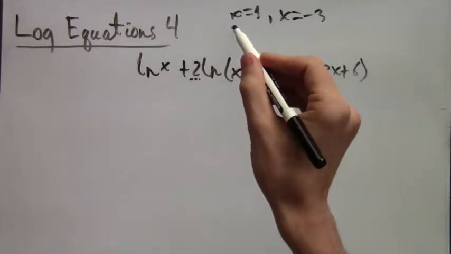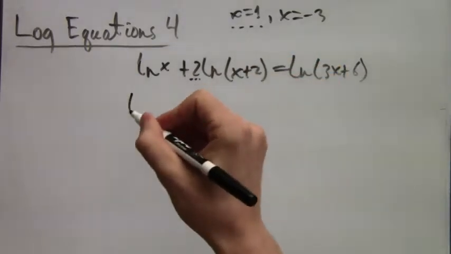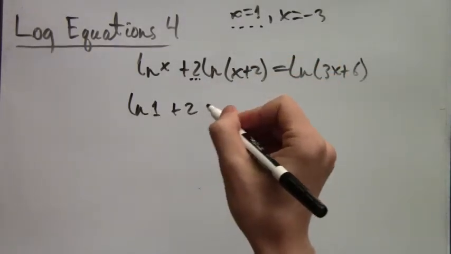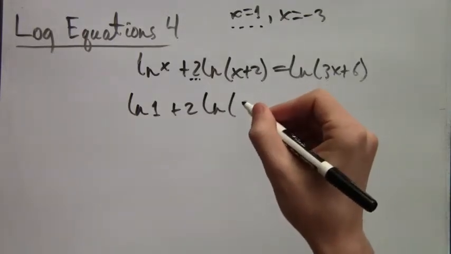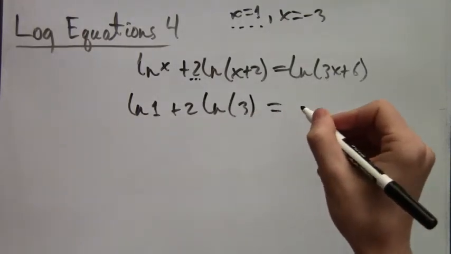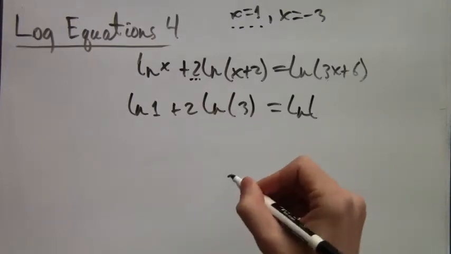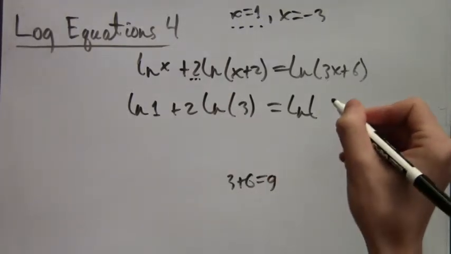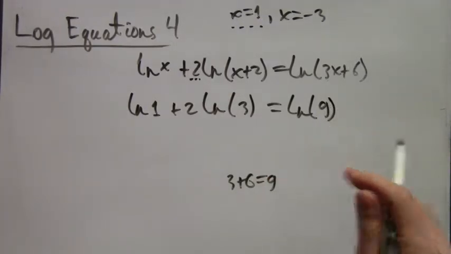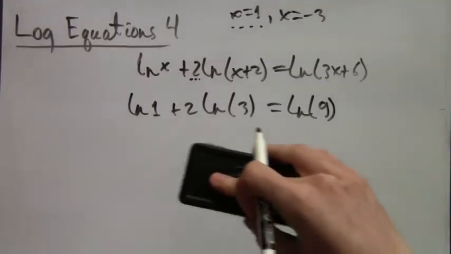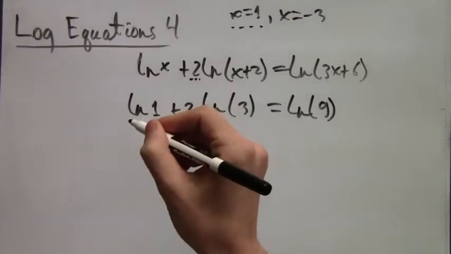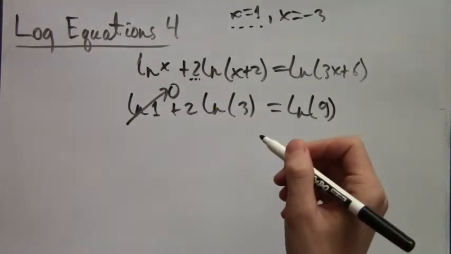We start with x equals 1, let's say. So we take natural log of 1 plus 2 natural log of 3 equals natural log of 3 times 1 plus 6, which is 3 plus 6 is 9, so we get natural log of 9. Now remember that the logarithm of 1, no matter the base, is always 0.